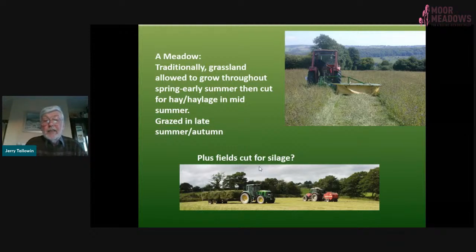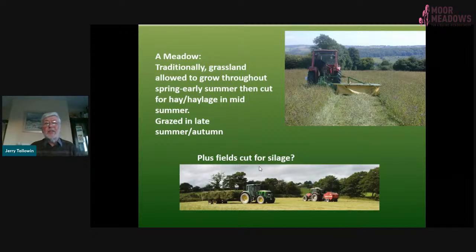Silage, on the other hand, is cut and then fairly quickly put into clamps or into big bales, and its moisture content can be anywhere between 60 and 70%. Again, it then undergoes an anaerobic digestion to conserve it.